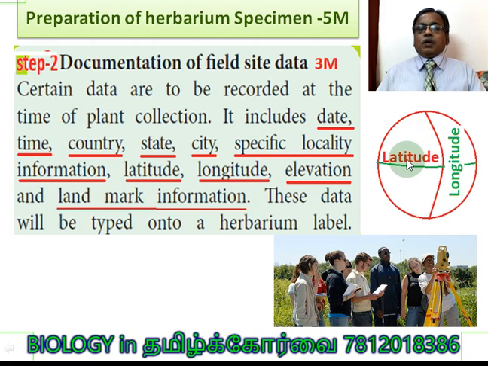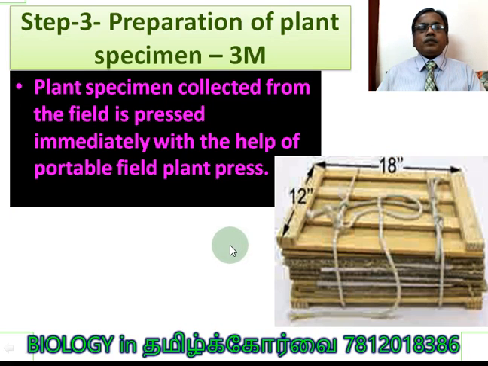Longitude, the one which connects both poles, north pole and south pole. Elevation, the altitude, the height from mean sea level from where it is collected. Landmark information, all these data are required. Suppose we want to revisit the plant, all this information is required. These data will be typed onto a herbarium label.